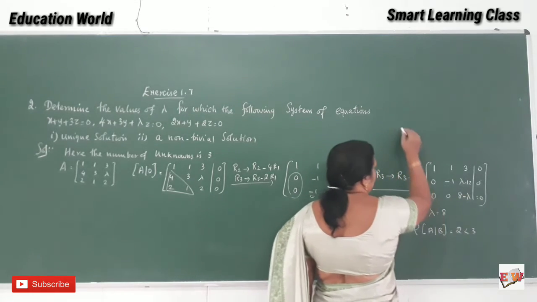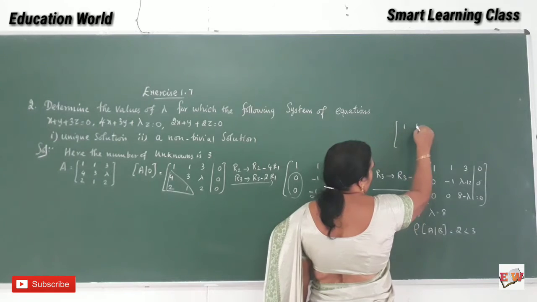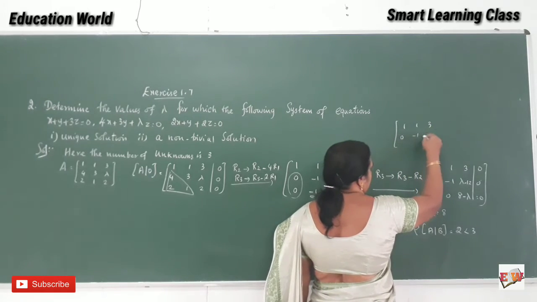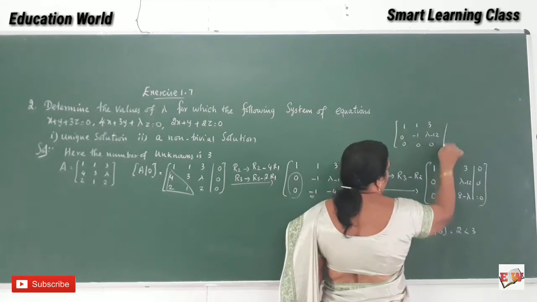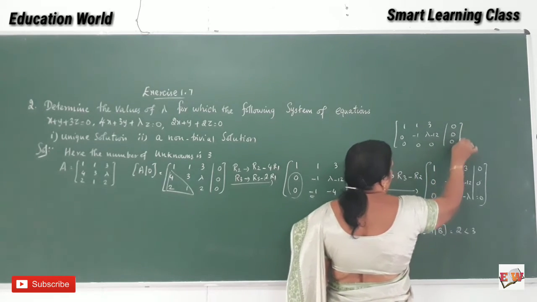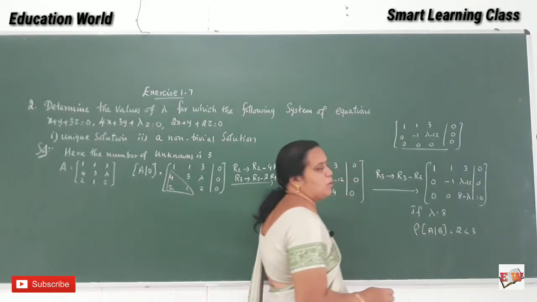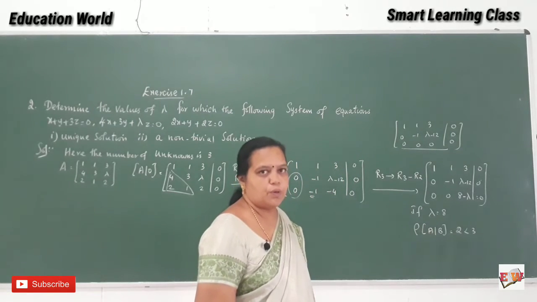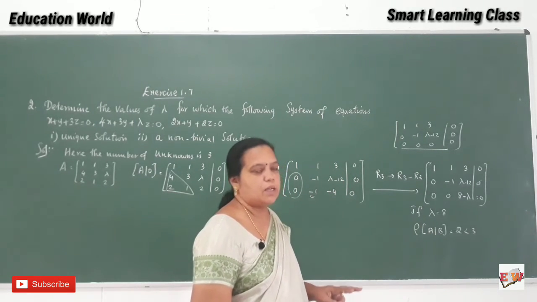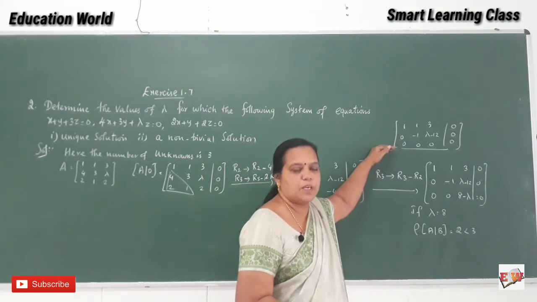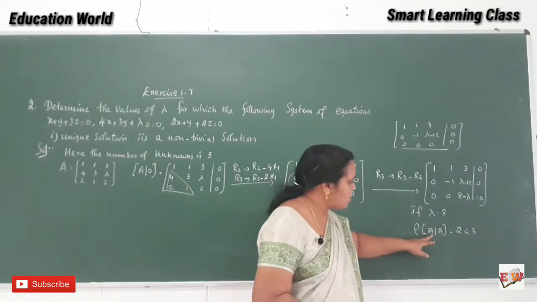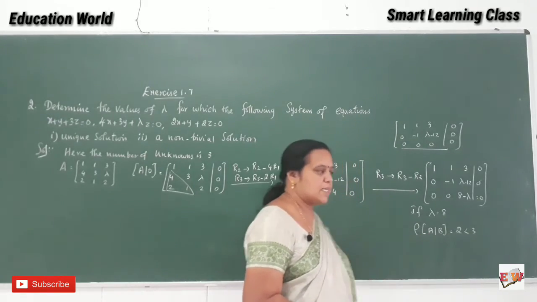Here we have 1 1 3, 0 minus 1 lambda minus 12, 0 0 0. So that time the bottom row is a 0 row, 2 non-zero rows are there. From this we can easily find the rank of the augmented matrix is equal to 2, less than 3.